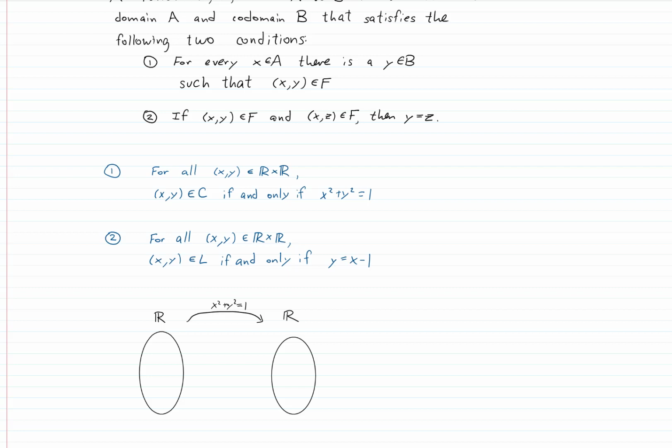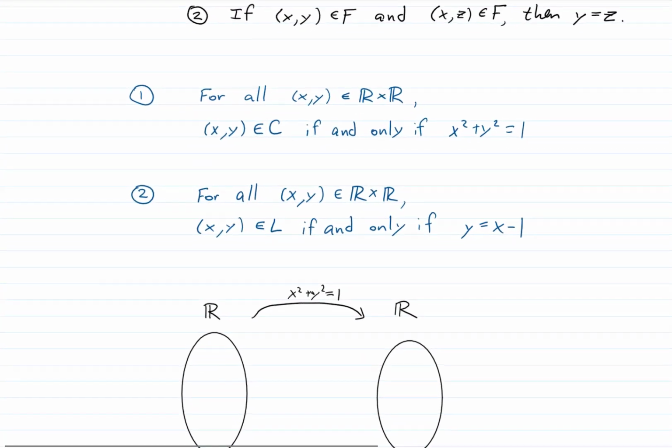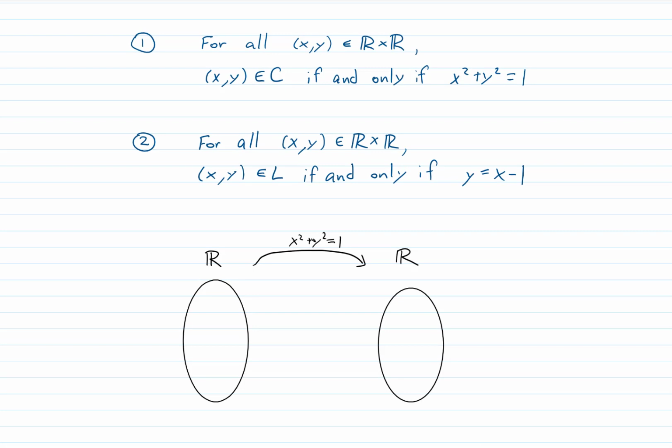Okay, so number 1, not every number in the real numbers is going to belong in this relation. For instance, let's take the number 2. It's not going to have an arrow pointing to anything because it's impossible for 2 squared plus something squared to equal 1.